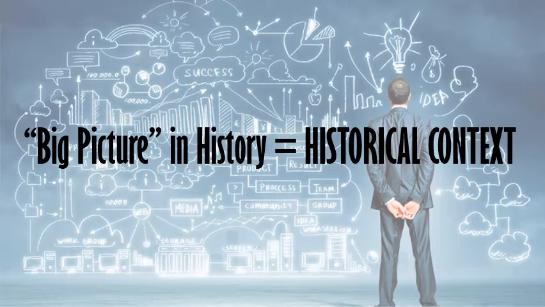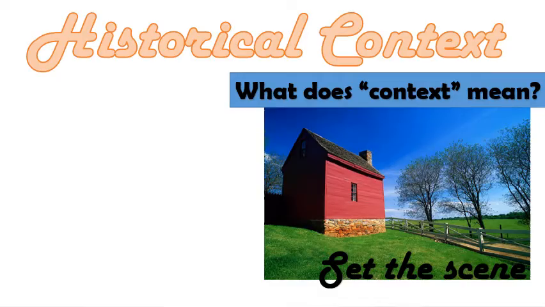So the big picture, the way we like to think about it, is called historical context. When we're studying historical events, historical time periods, or even something as small as the microcosm of your life, we want to think about what the context is, what is the big picture that we're looking at. One other way to think about it is, how do you set the scene of the time period that you're looking at?